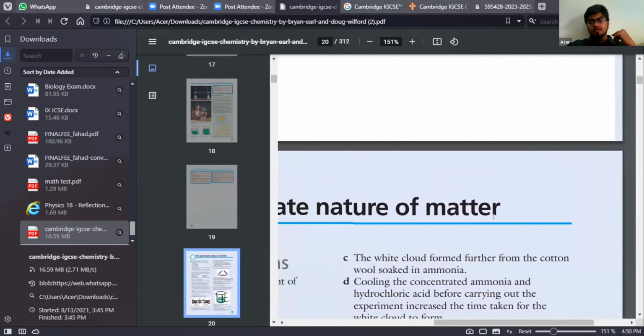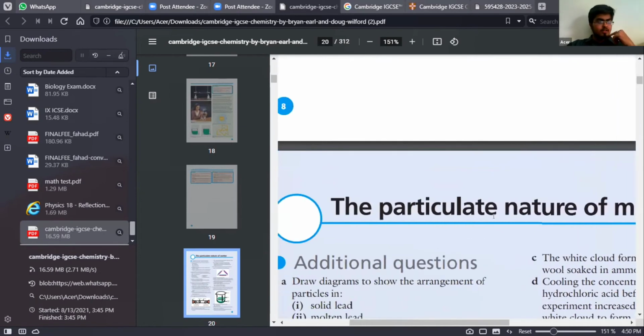Up until 2021, this was your textbook. Now your whole syllabus is for 2023 to 2025. The textbook which you use these days is the syllabus for the exam of 2023 to 2025.